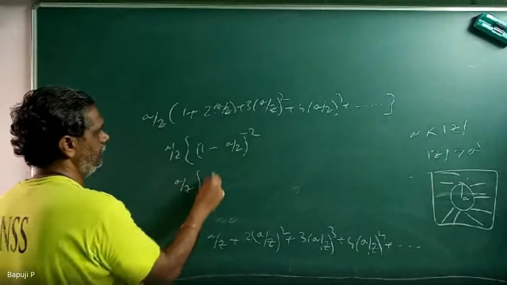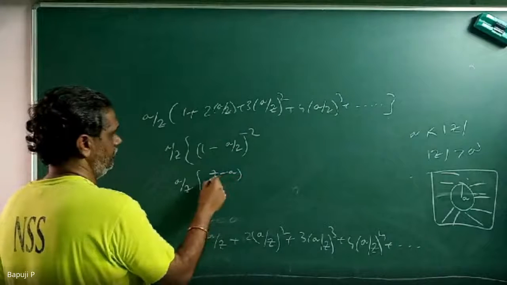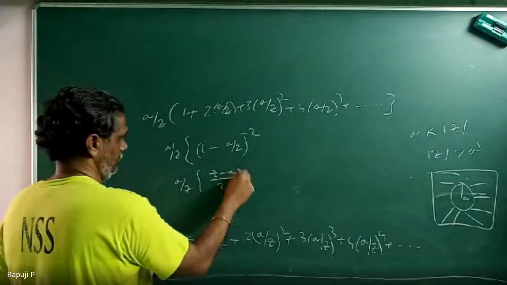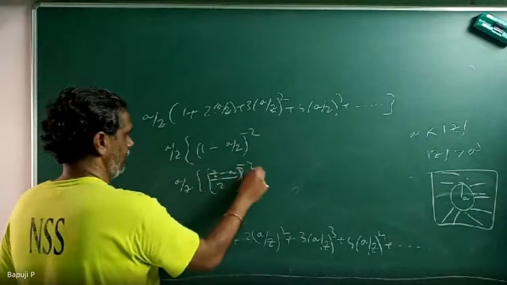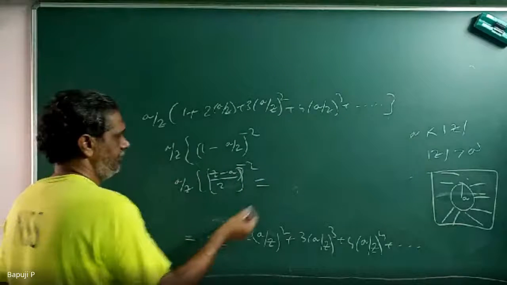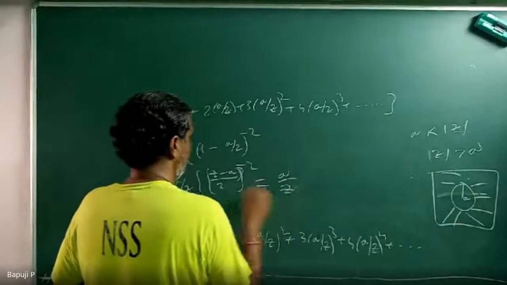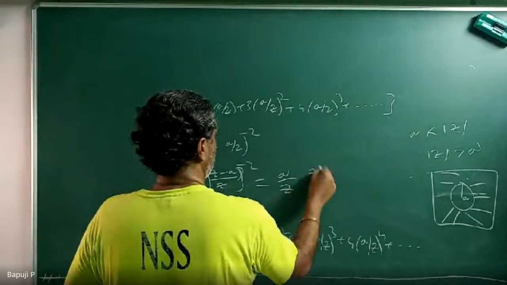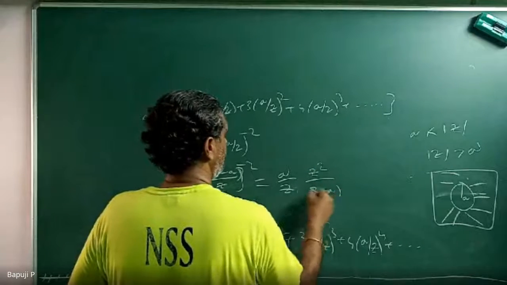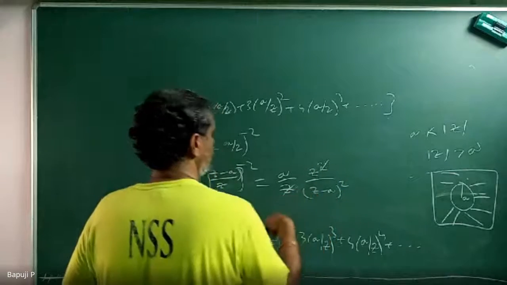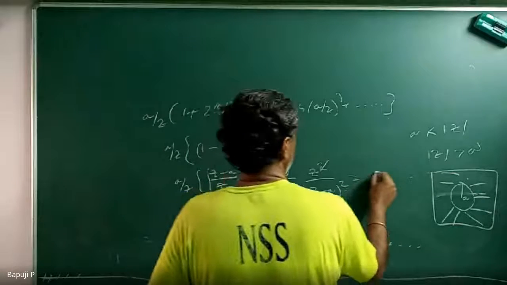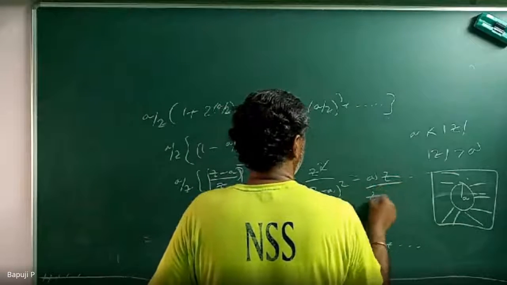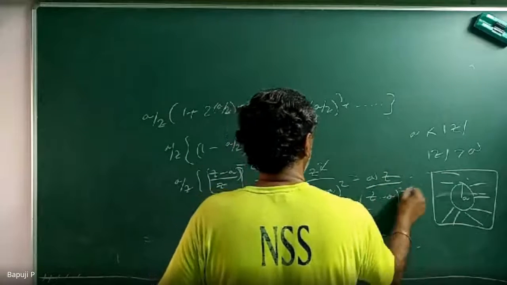So this is equal to a by z into z minus a whole by z whole power minus 2. If I write the reverse, a by z into z squared by z minus a whole square. So a z into z minus a whole square.